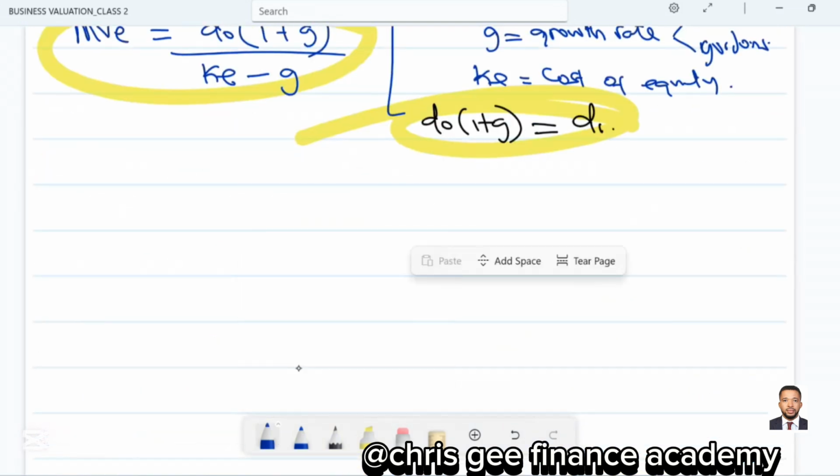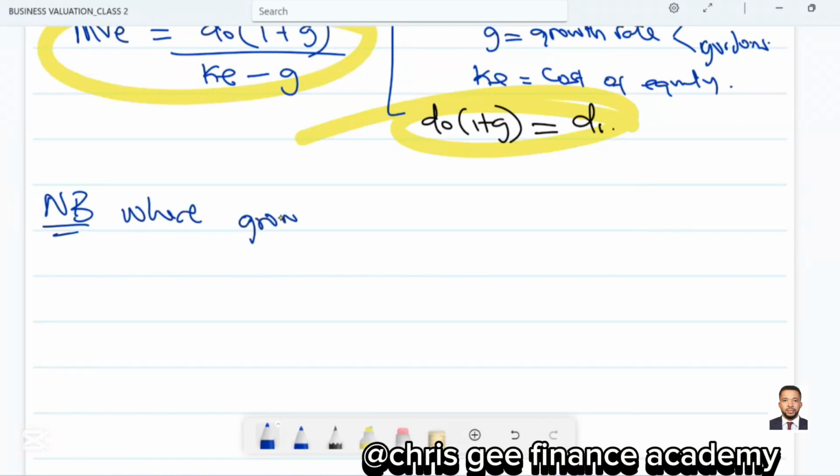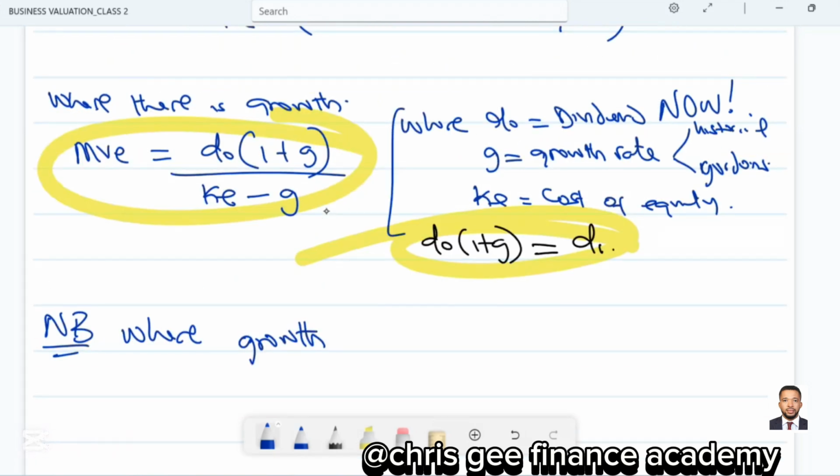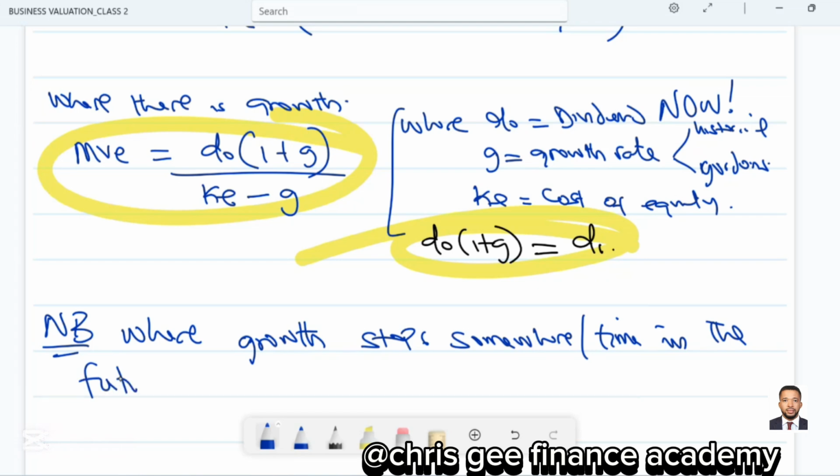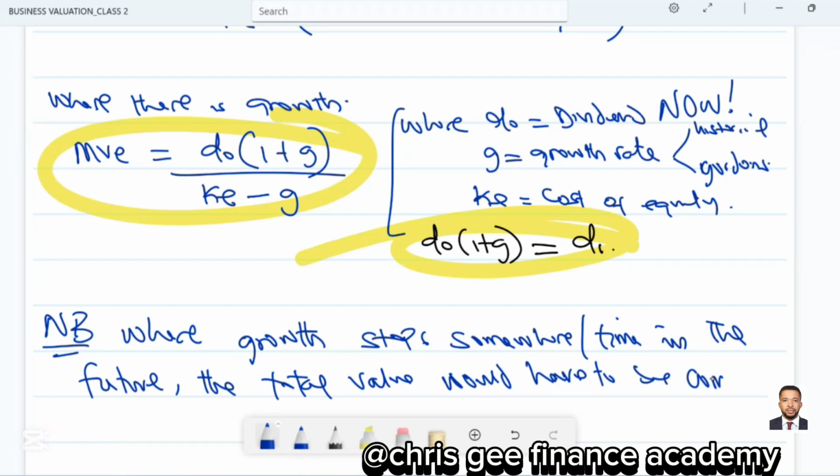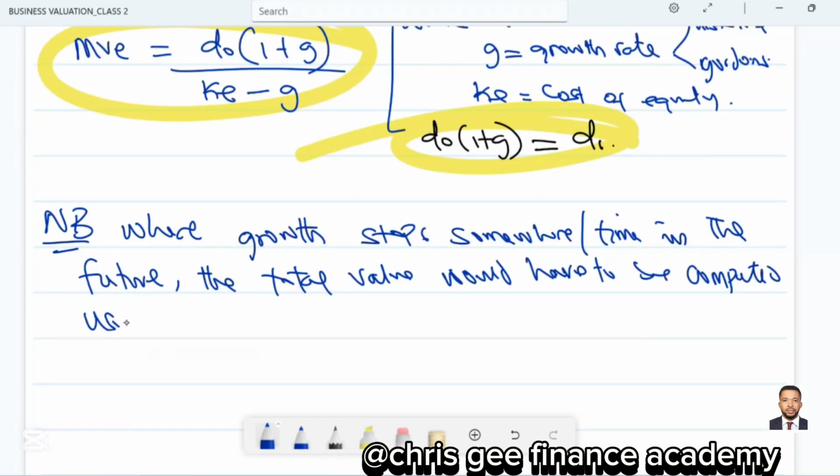All right. So NB, where growth stops somewhere or some time in the future, the total value would have to be computed using the multi-stage approach.